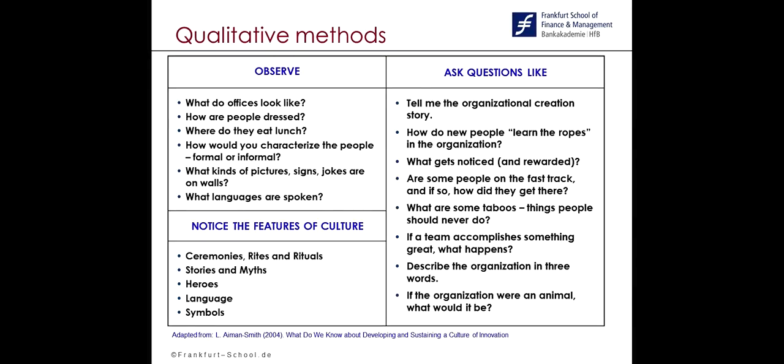This is an overview of what to observe, to notice and to ask when trying to get a realistic picture of a specific corporate culture. Take a few moments to go over this list and think about your own experience in the company or companies you have worked for so far. The analytical methods suggested here could briefly be summarized by walk and talk.